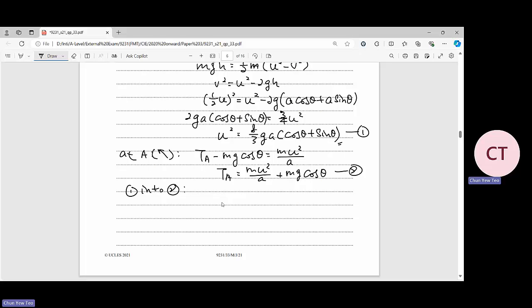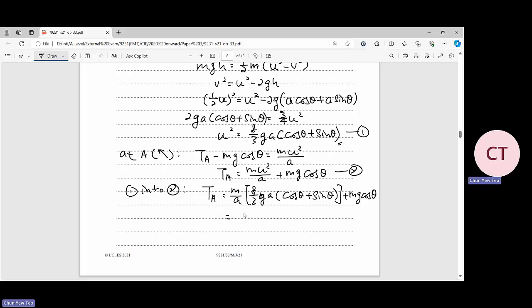Multiply 1 into 2, then you will get TA = m over a multiplied by 3, x over 3 GA (cos theta + sin theta) plus mg cos theta.